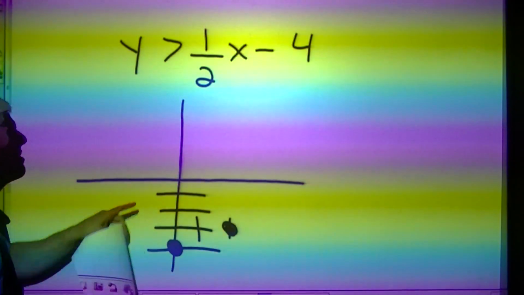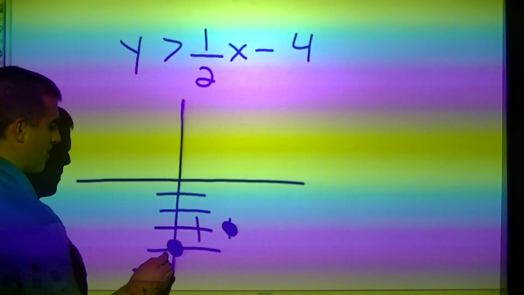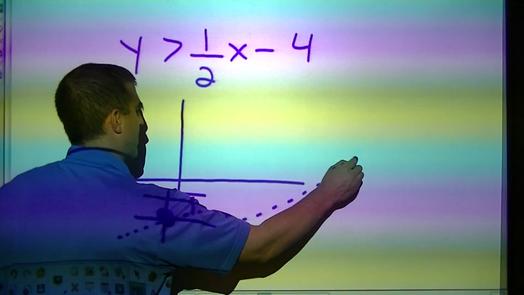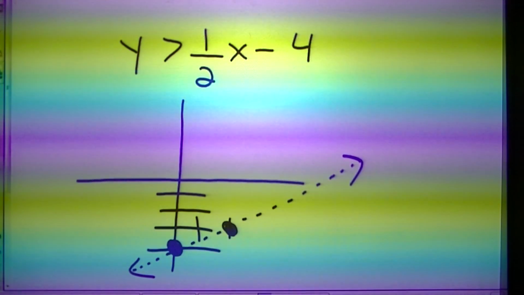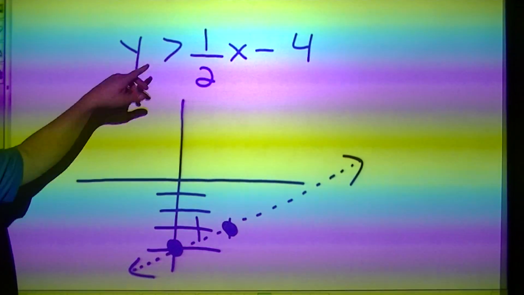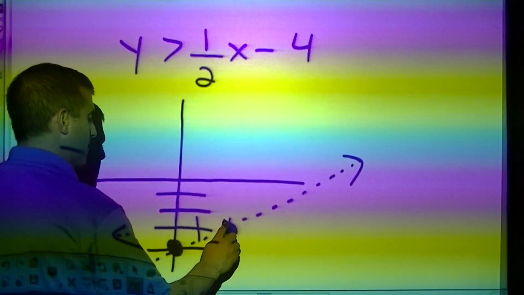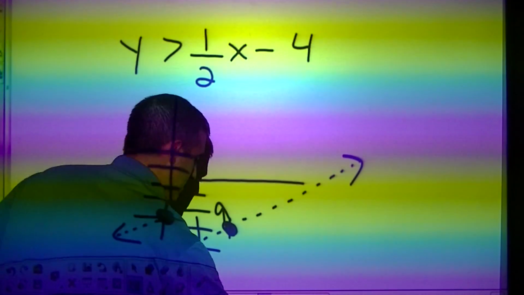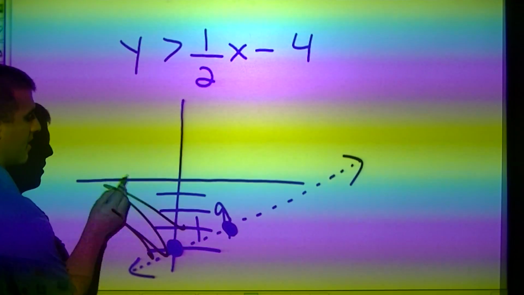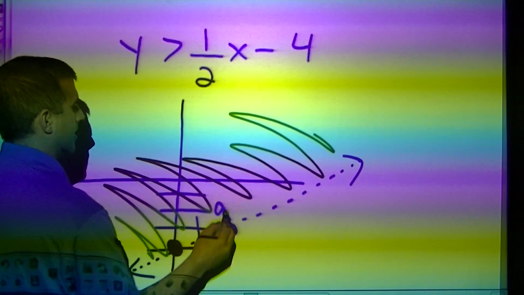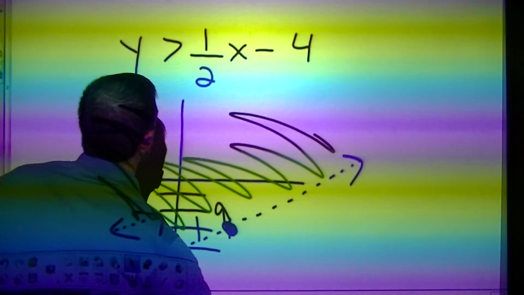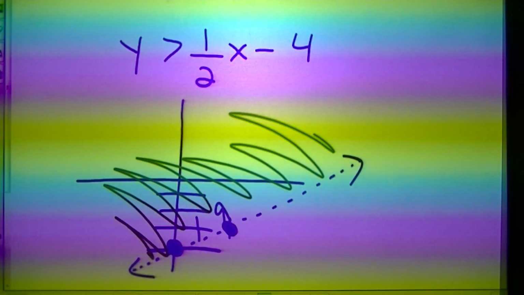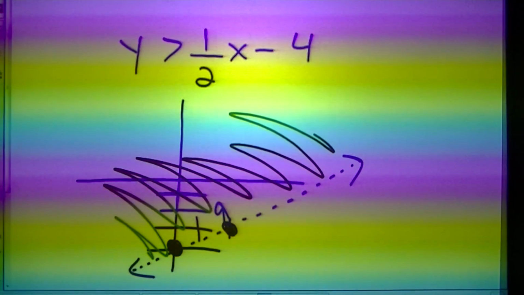Since I don't have a line underneath this, I'm going to have a dashed line that you can make this way. Y is greater than, so that's eating the y, so that's going to be the above side, which is going to be this side. That's going to be above the line, so I just shade it like that. That's another example.